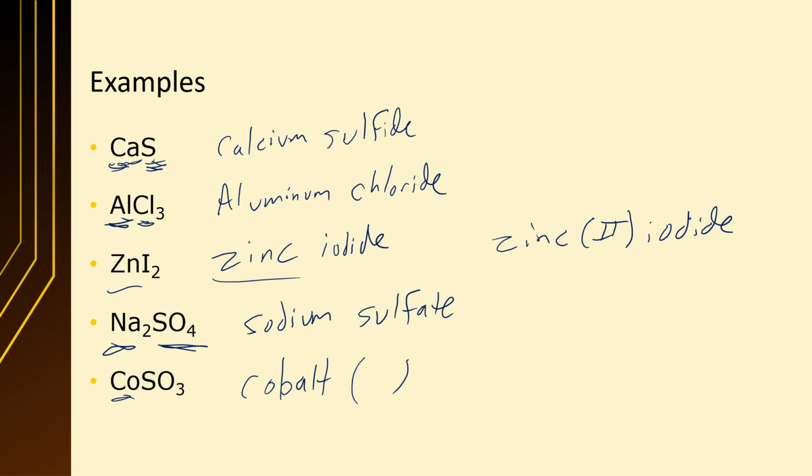Let's look at the next part to figure it out. SO3 has one fewer oxygen, so I can change the ending of that to sulfite. But the charge is still the same. It's still -2. Just like this sulfate is -2, sulfite is also -2. So cobalt must be +2 to cancel it out. So it's cobalt(II) sulfite.